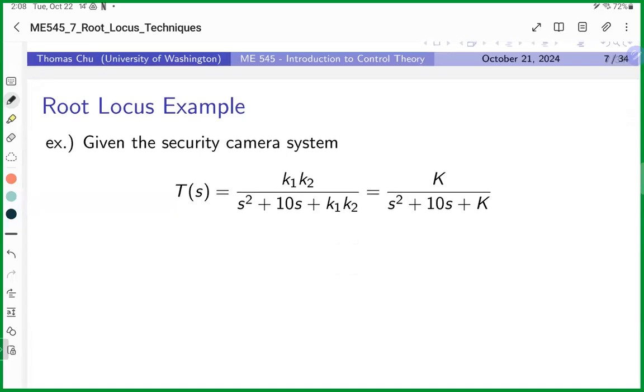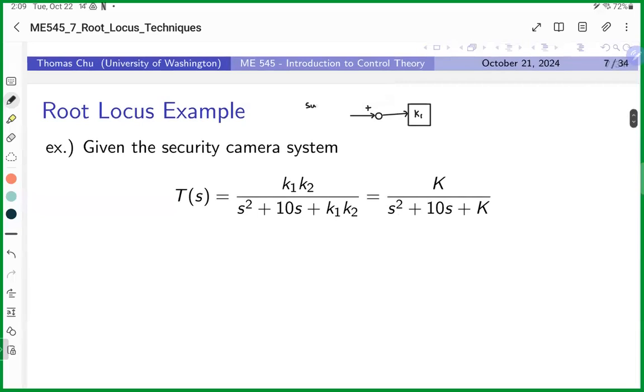So finally, we're going to go through part of this example from the textbook, given a security camera system. In the textbook, they gave a block diagram showing the camera where we have an amplifier called K1. This input here is our subject position, where we want the camera to be looking.